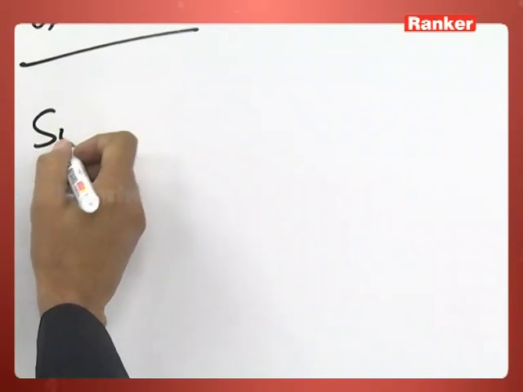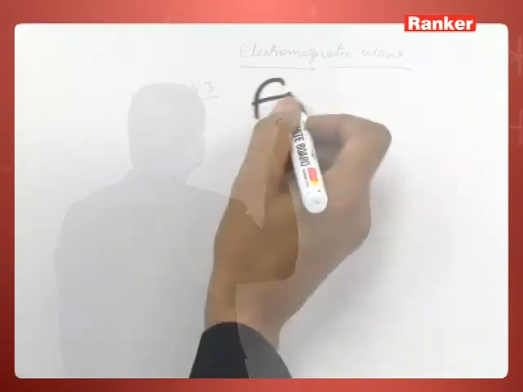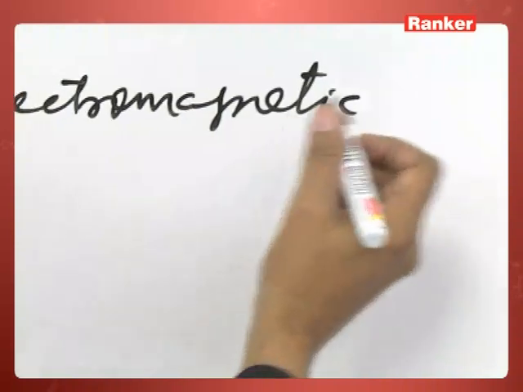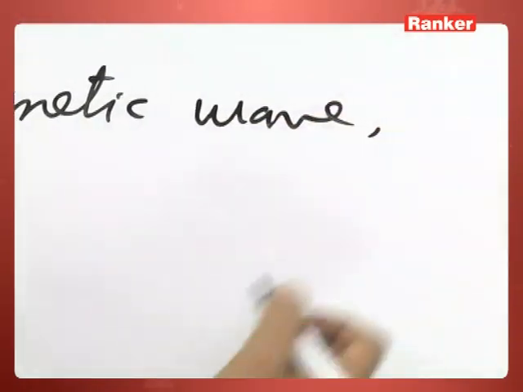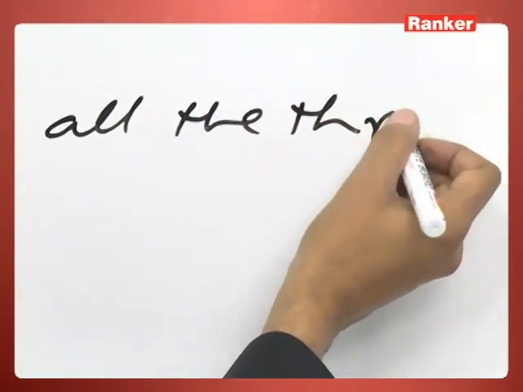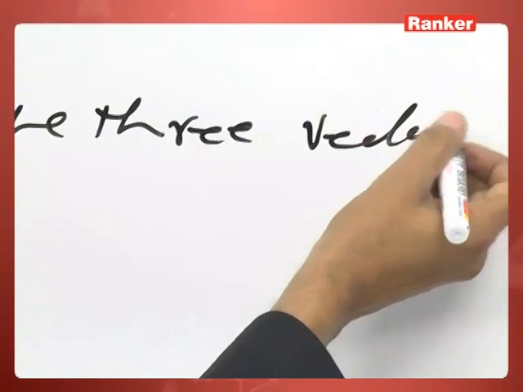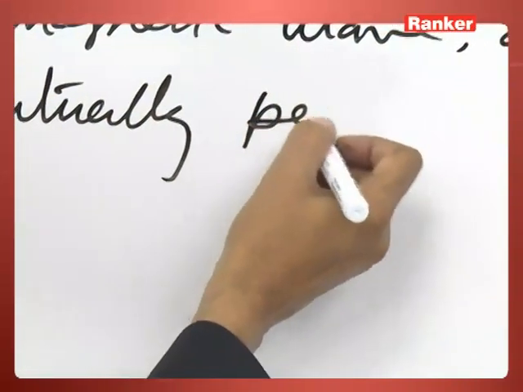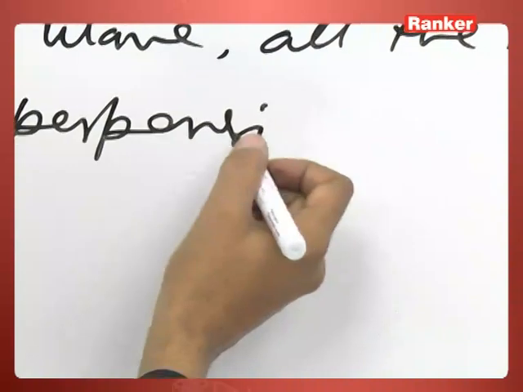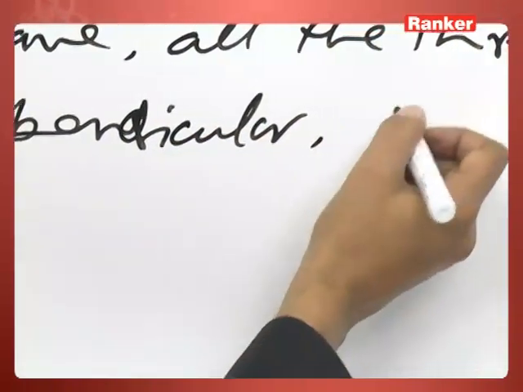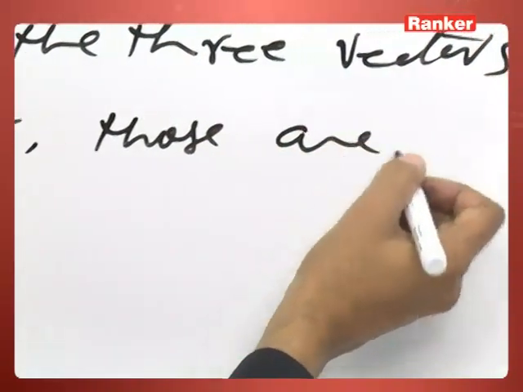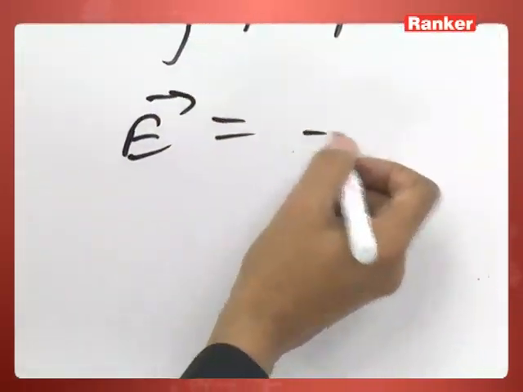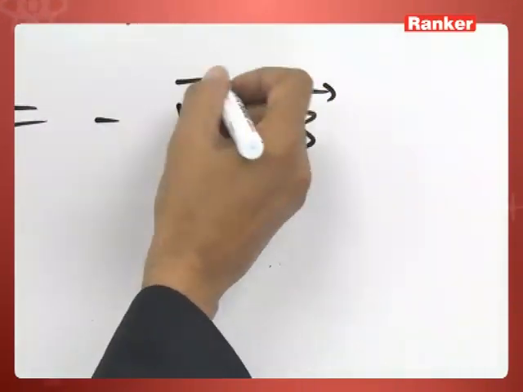See, for electromagnetic wave, all the three vectors are mutually perpendicular, and those are related by the expression: E is equal to minus V cross B.